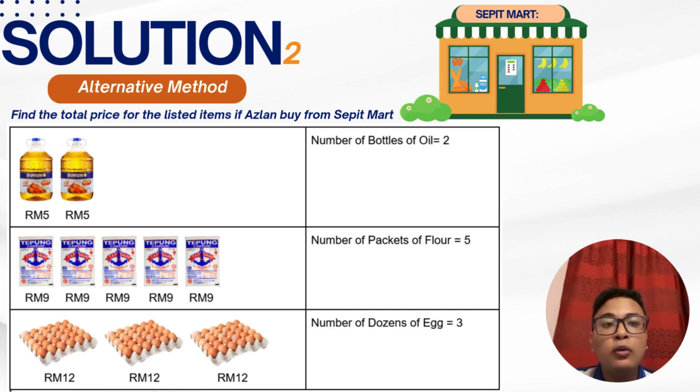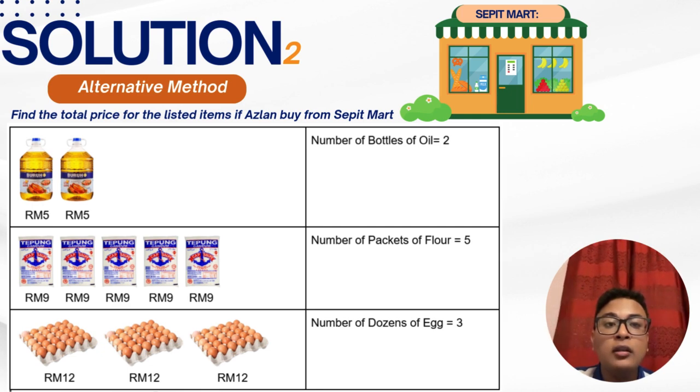For the flour we need 5 packets, so we put 5 images of flour and label each packet with 9 ringgit. For the dozen we need 3. We put 3 pictures and label each with 12 ringgit. So it's easy.